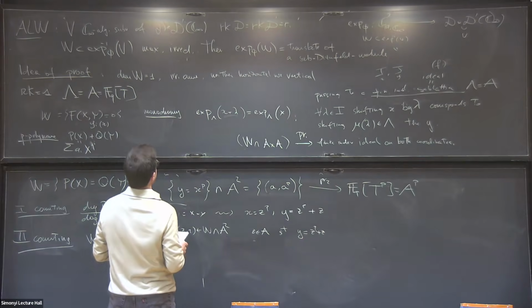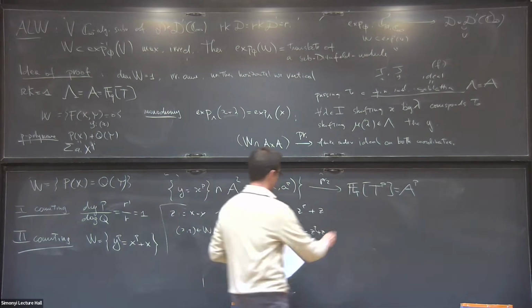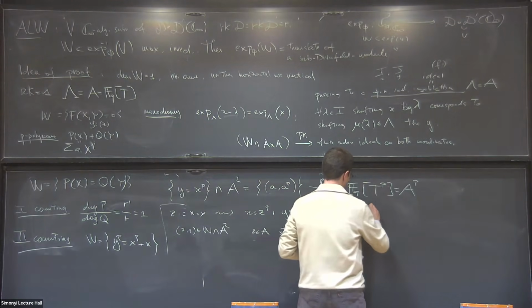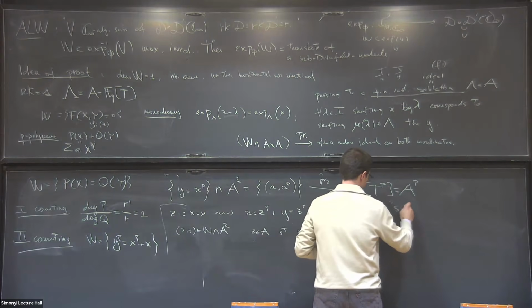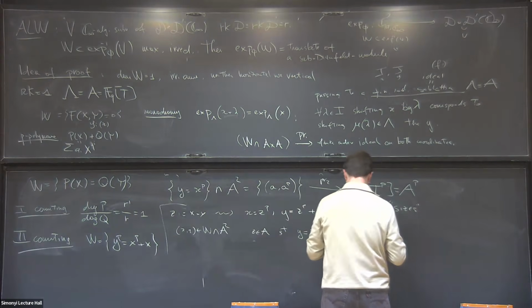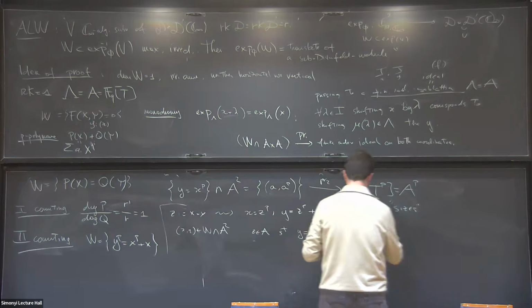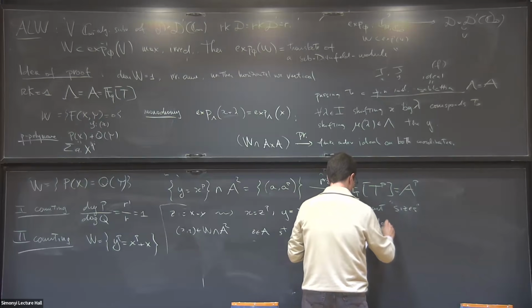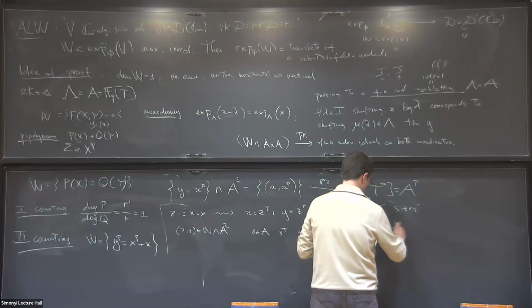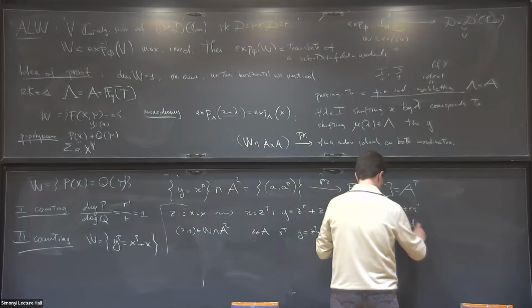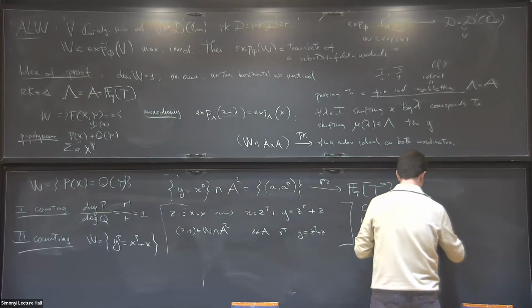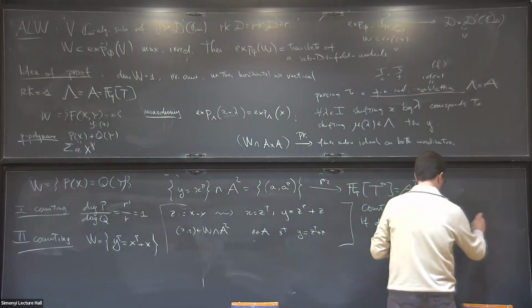And now we count sizes. If the degree in T of y is smaller or equal than D, then the degree in z will be smaller or equal than D over p.